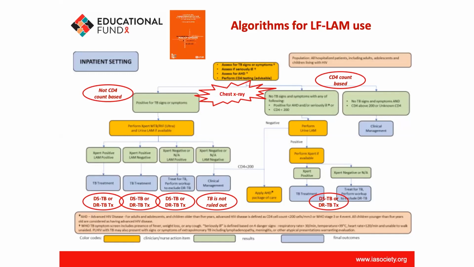Then on the right side, for patients who are asymptomatic or have higher CD4 cell counts above 200, for those less than 200, you may perform the LAM as recommended now. If LAM is positive, it's always recommended to perform Xpert, again, to tell you whether the patient has rifampicin resistance or not. And then the patient should be treated for a positive result, either LAM and/or Xpert.